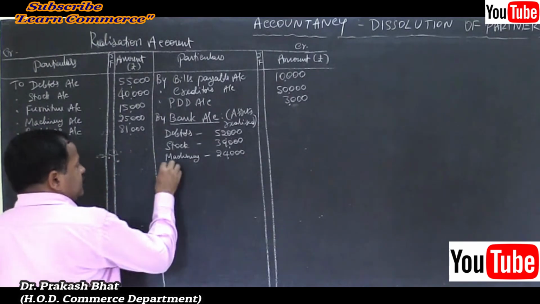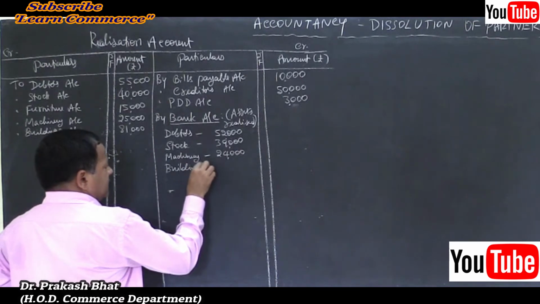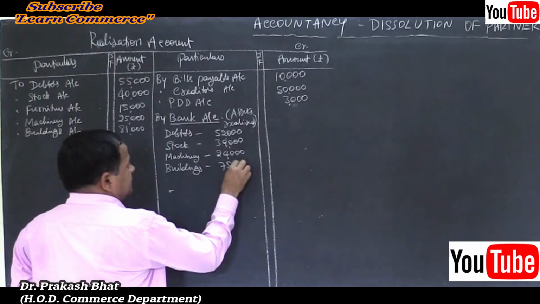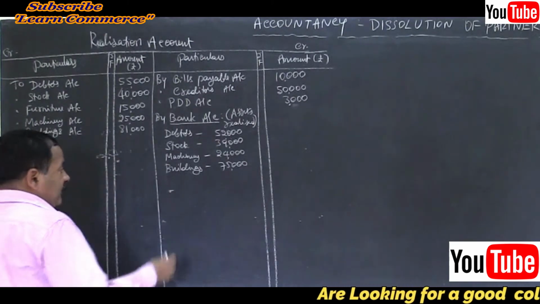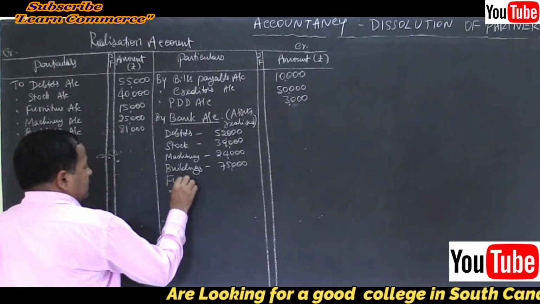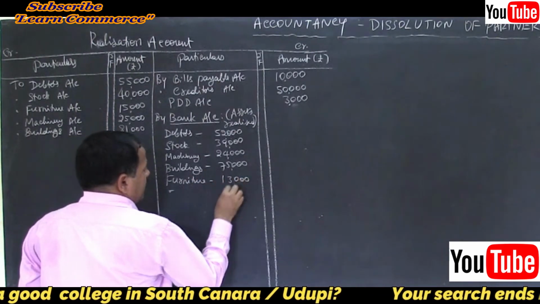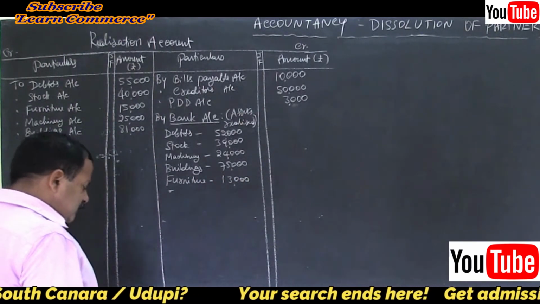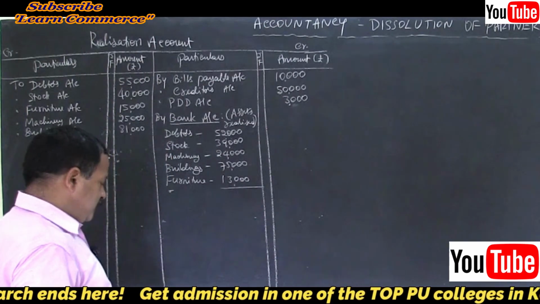Buildings 75,000. Then what? Furniture 13,000. Furniture 13,000, right? Anything else? No, that's all. So, take the total and write in outer column.